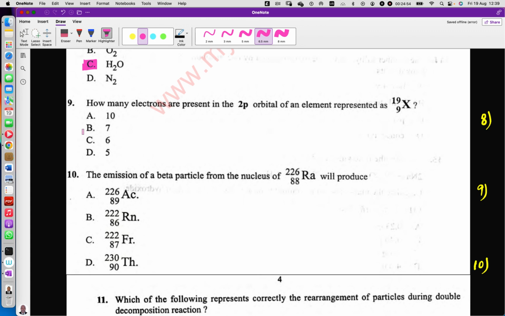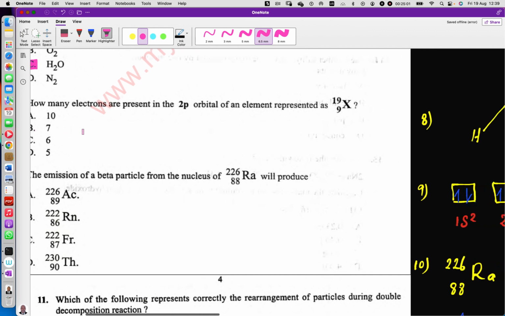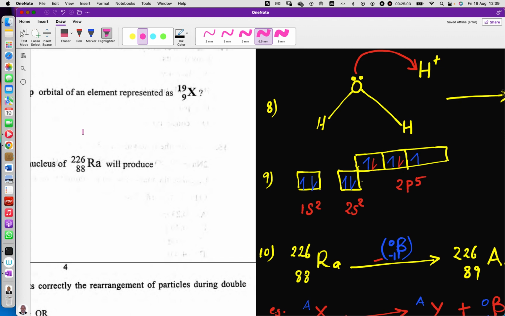In the p orbital, how many electrons are there? Let's write it out. There are 9 electrons here, since the atomic number, which is 9, is equal to the number of electrons.